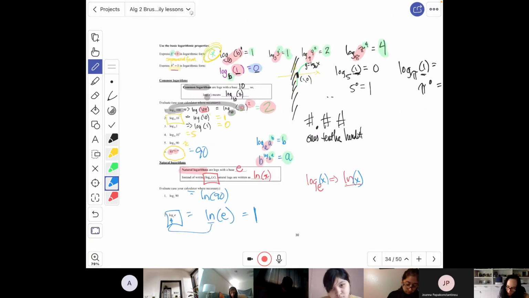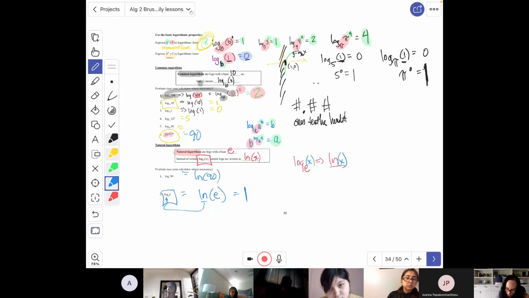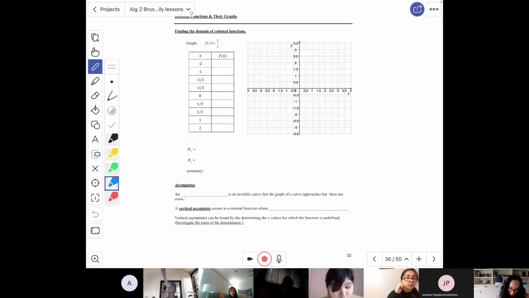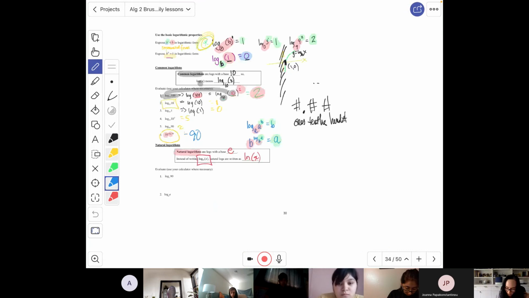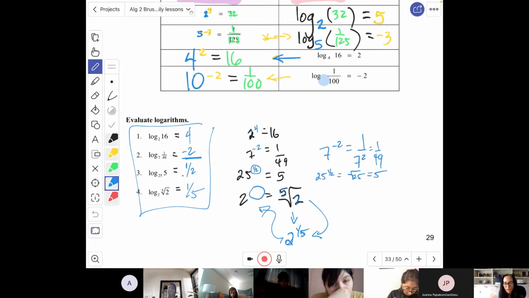Okay? So if you know these rules, it's very easy to simplify logarithmic expressions. Now, there are also rules of exponents that will allow you to expand and condense into single logarithms or more easily evaluate logarithms. I'm not going to get into those in the interest of time.